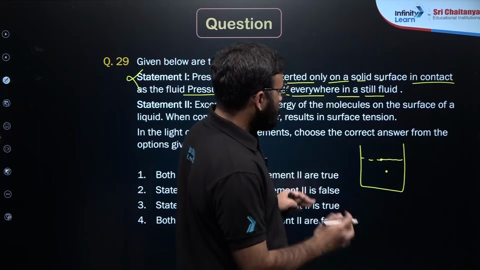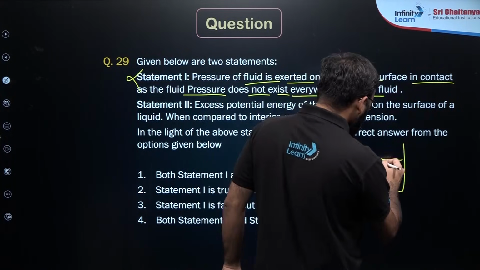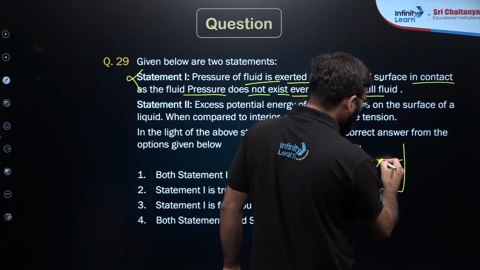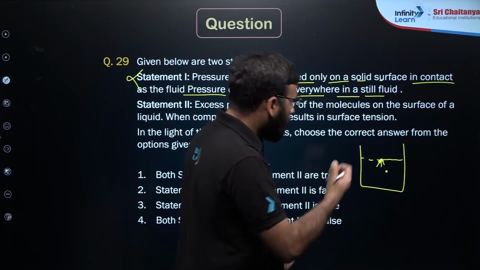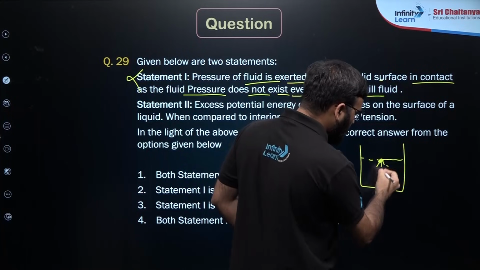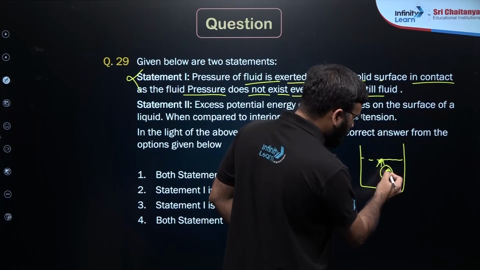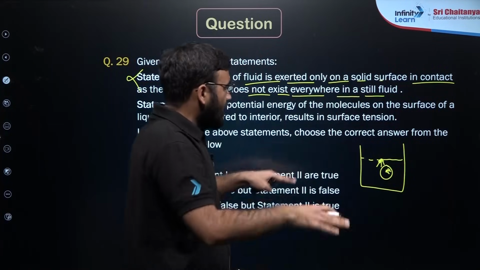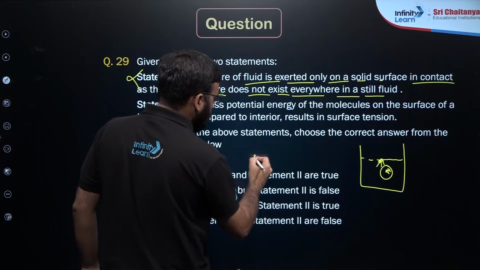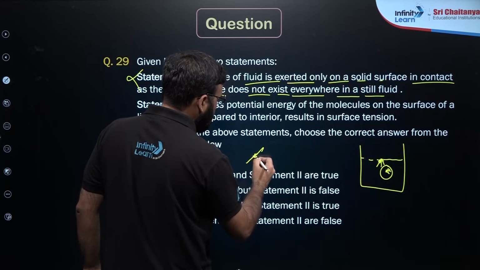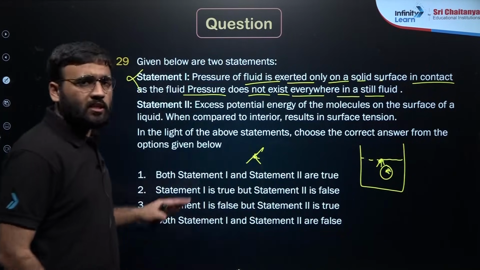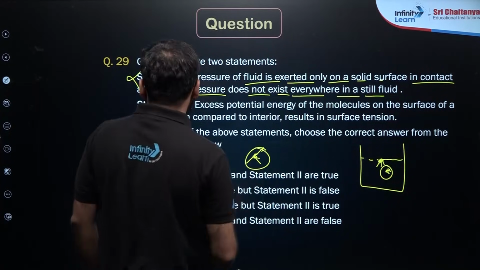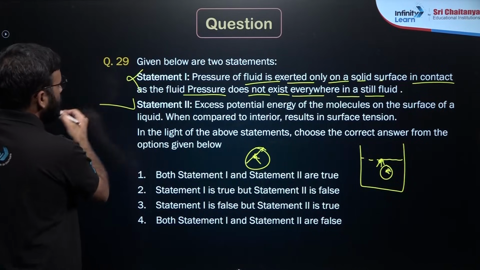Only at the surface are these molecules attracted in this way, but completely inside there are a lot of forces working due to different molecules. Those forces cancel out each other, because they act in opposite directions. So that's why there is more potential at the surface. So statement 2 is right, beta.